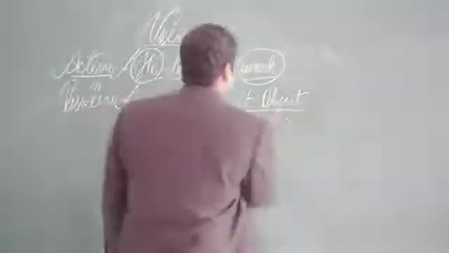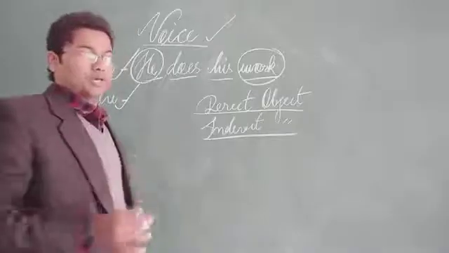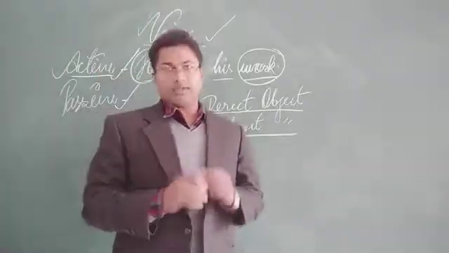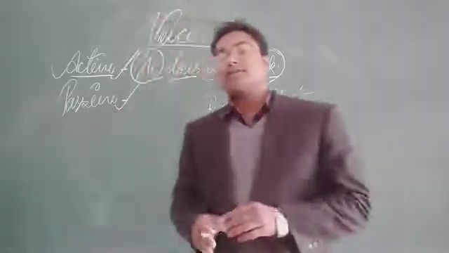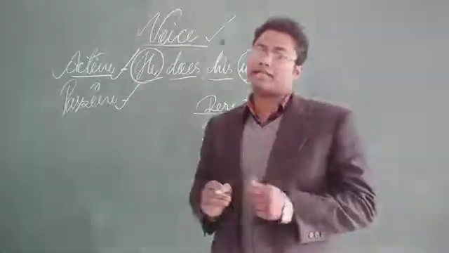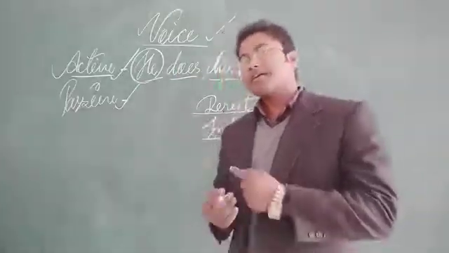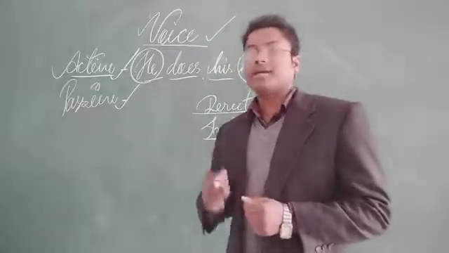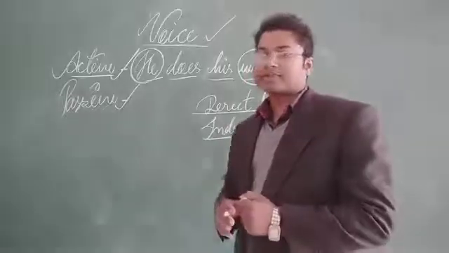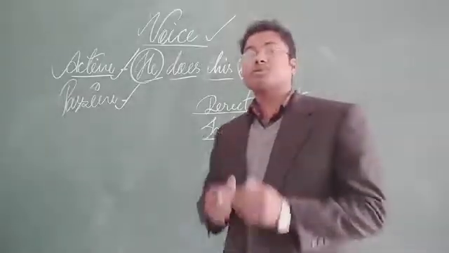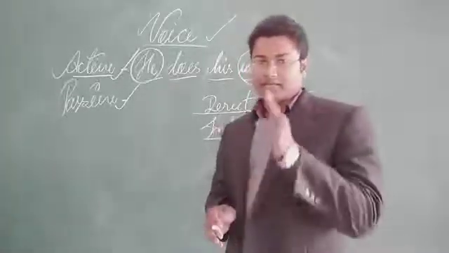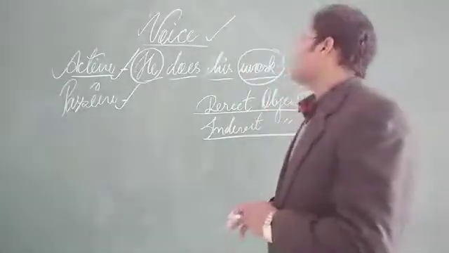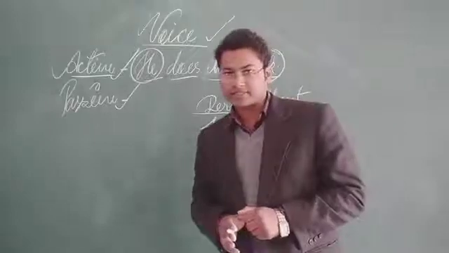If we make a question with what and whom, we will definitely get the object in the sentence. If we use what, we'll get the direct object, and if we use whom, we'll get the indirect object. These are two keys to find the object in a sentence.